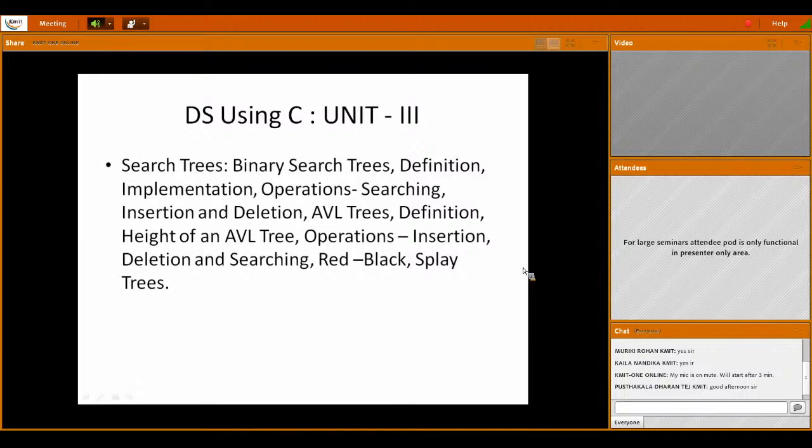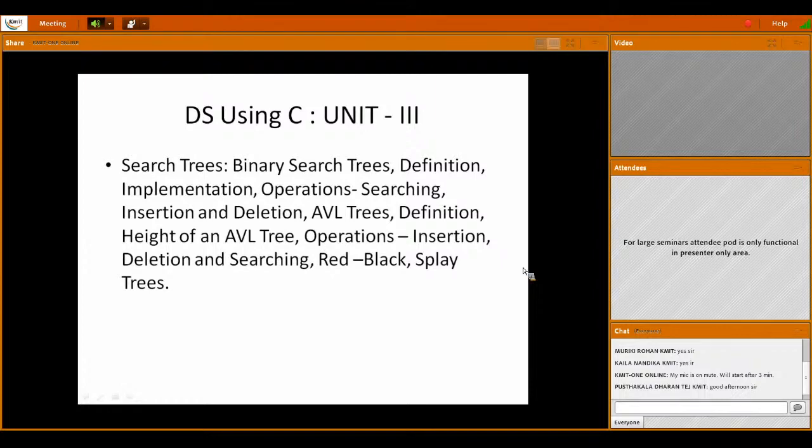And there are various methods such as AVL trees: definition, height of AVL tree, operations, that is insertion, deletion, and such. Red black and splay trees. These are the topics which are there in your Unit 3.